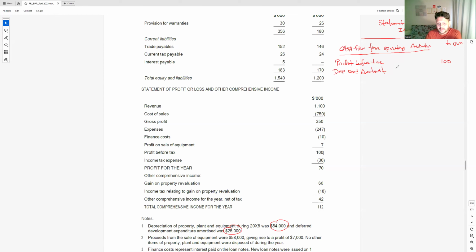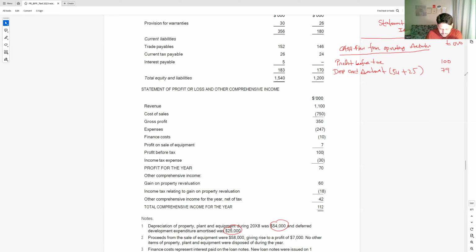But in the exam, you have to show it separately because they'll give you 2 boxes for that. So 54 plus 25 is 79.